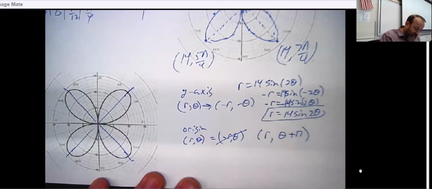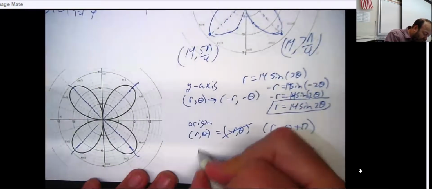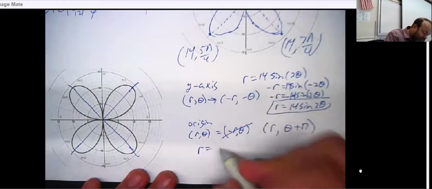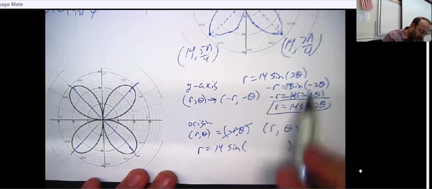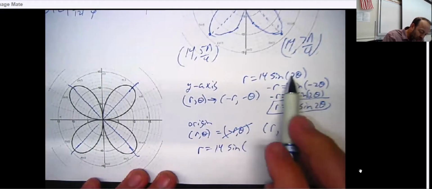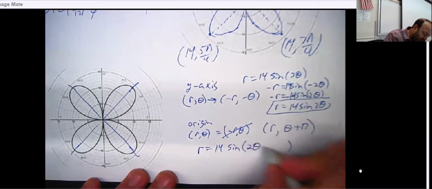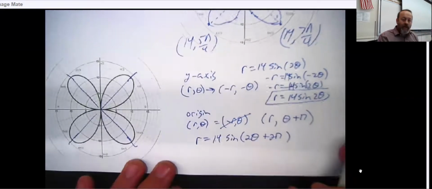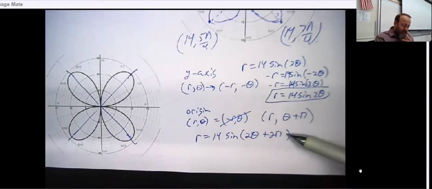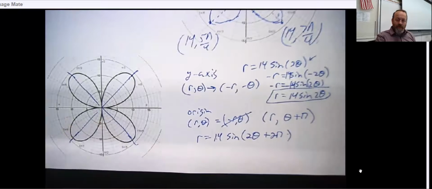Now here's where we're going to have some hard work. So r became r. The 14 is still there, and I'm going to replace this theta with this. So 2 times this would be 2 theta plus 2 pi. Now, I have to show that this is exactly the same as the original thing.